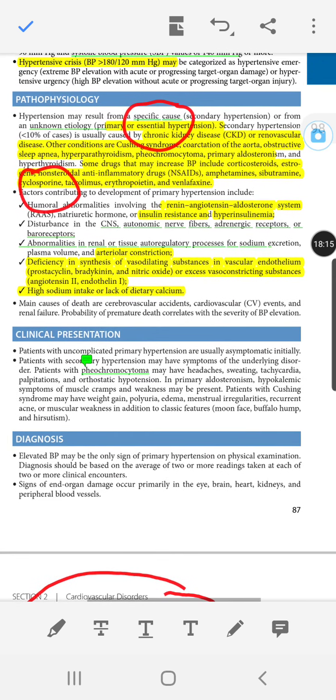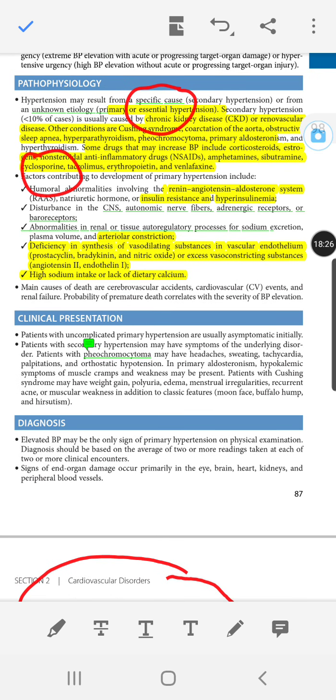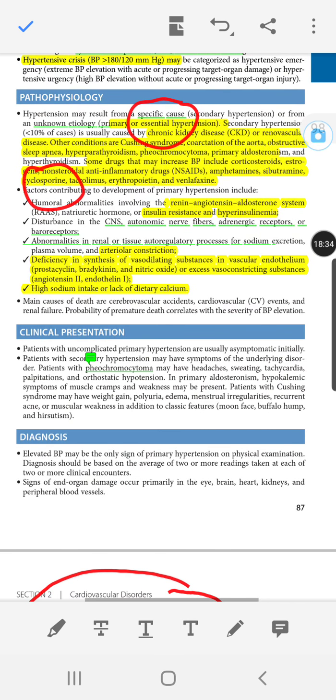These are the factors that cause high blood pressure, which include any abnormality in the renal angiotensin aldosterone system, due to insulin resistance, due to hyperinsulinemia, or any disturbance in the CNS or autonomic nervous system, adrenergic receptors or baroreceptors.